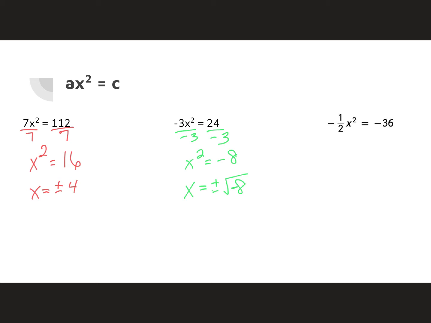There is no square root of negative 8. So in this case, my answer is no real solutions. There are no real numbers that would make this true. There are other solutions, but we're not going to get into those very much in this lesson.